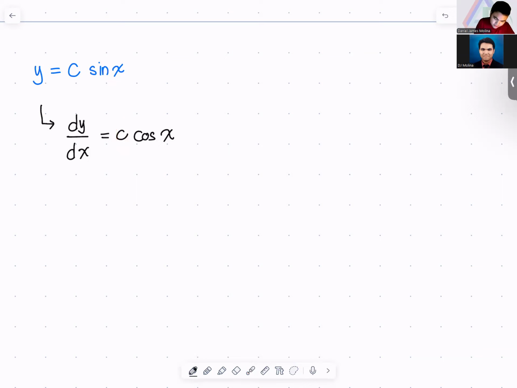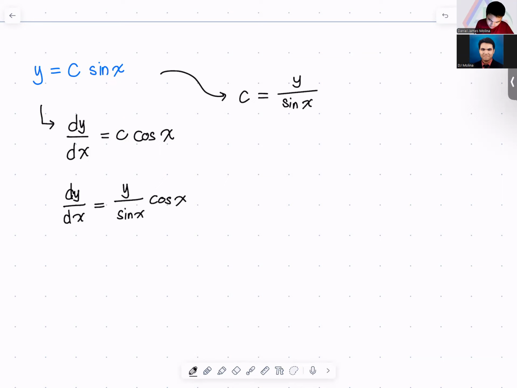So from the first equation, to solve for c, we just have to divide both sides by sine of x. This gives us c equals y over sine x. Then substituting into the second equation, we have dy over dx equal to y over sine x times cosine of x. But what is cosine x over sine x?